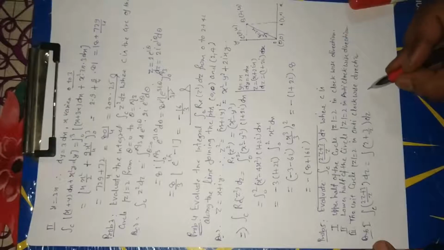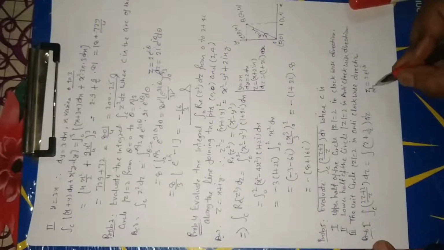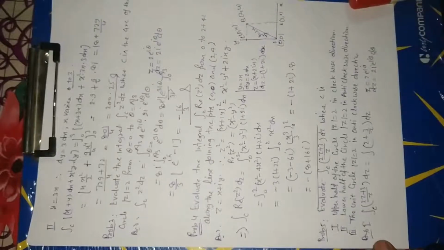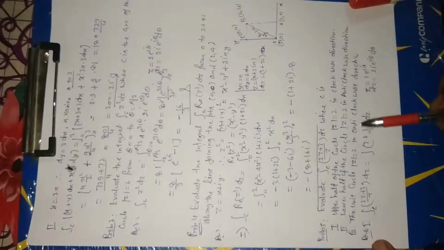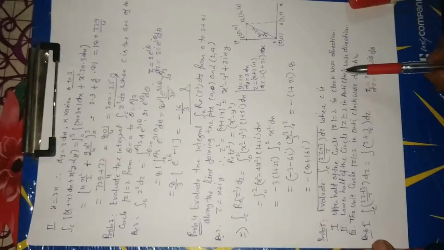Now z is equal to 2e to the power i theta, therefore dz is equal to 2i e to the power i theta d theta. Now the limit of theta in this case is pi to 0, since the direction is clockwise in the upper half circle.